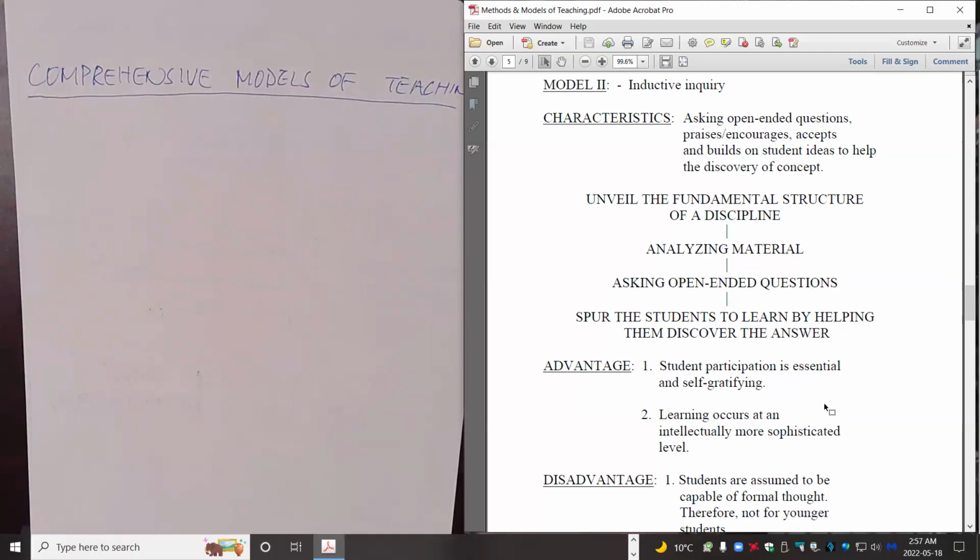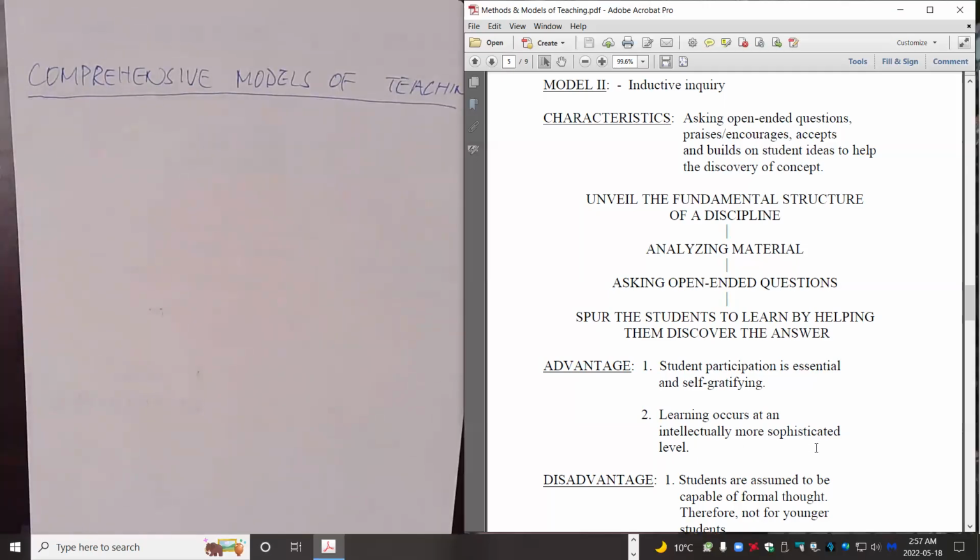And the learning, of course, occurs at an intellectually more sophisticated level. So inductive learning is suitable for Piaget's stage 4 formal operational stage. Right? It is not suitable for concrete operational stage students.